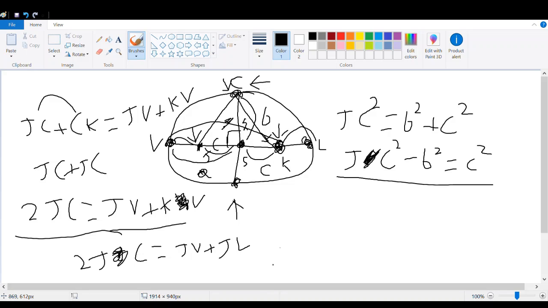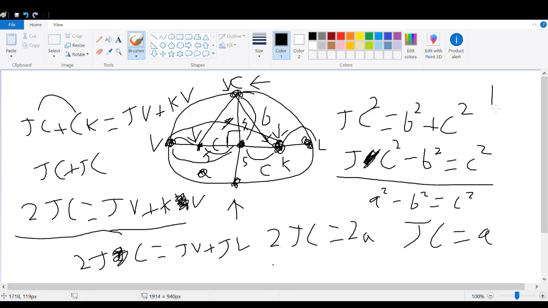Because half of the diameter, the bigger diameter, is A. So the whole bigger diameter is 2A. So we have 2JC equals 2A. Divide the whole thing by 2. JC equals A. And so that's why A squared minus B squared equals C squared. Let's write a happy face, because I'm happy that I did that.